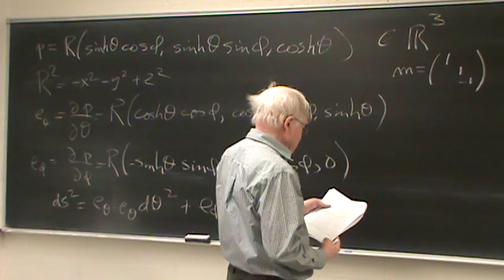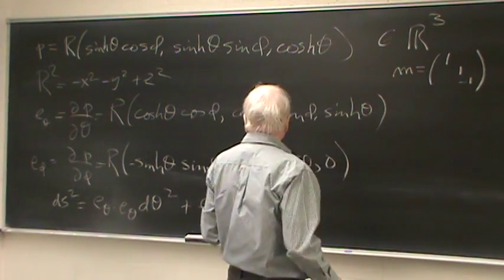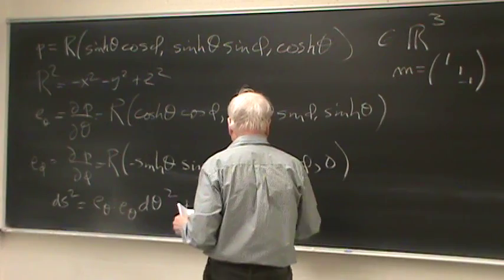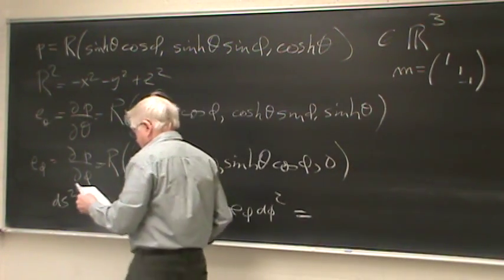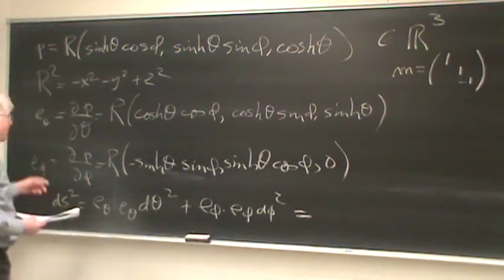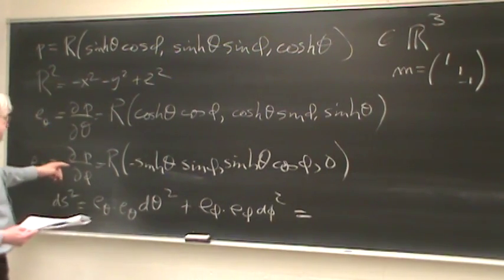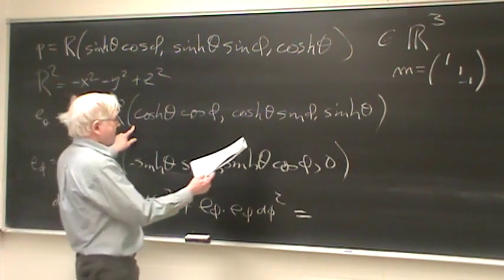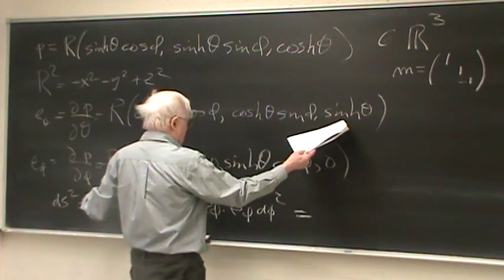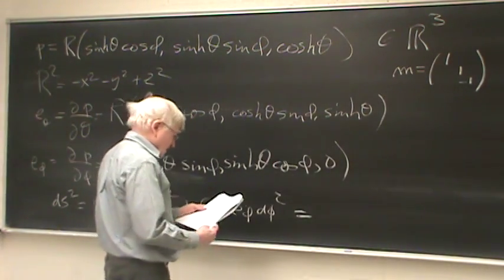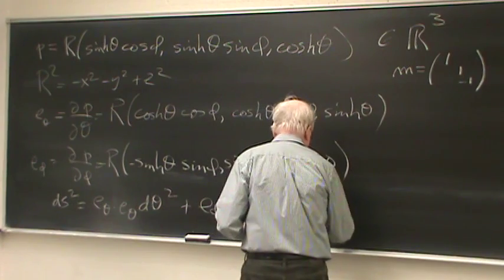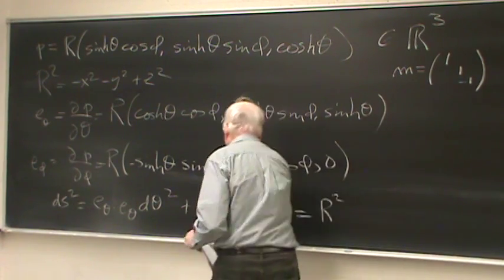And if we do that, then what is ds squared? Well, then e theta dot e theta is cosh squared minus sinh squared, that's 1.